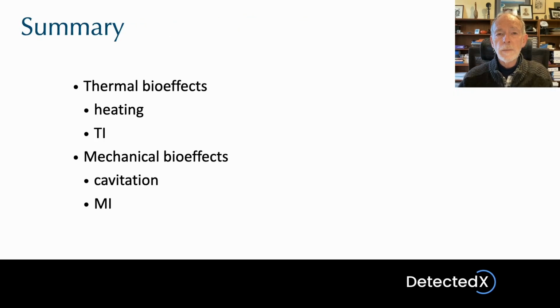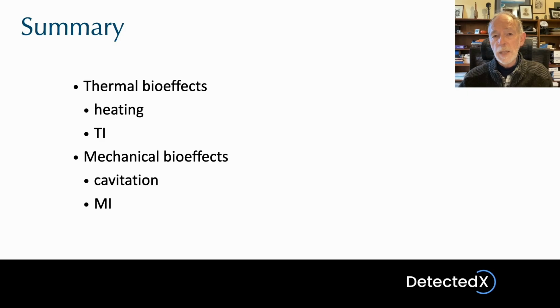So in summary, we have thermal bioeffects, which refers to heating, and the machine characterizes the likely amount of heating using the thermal index. Remember, no matter how long the exposure is, the temperature will rise by a certain amount, a certain number of degrees above body temperature, and then stabilize there.